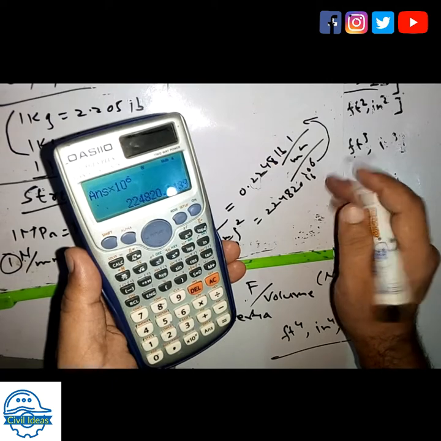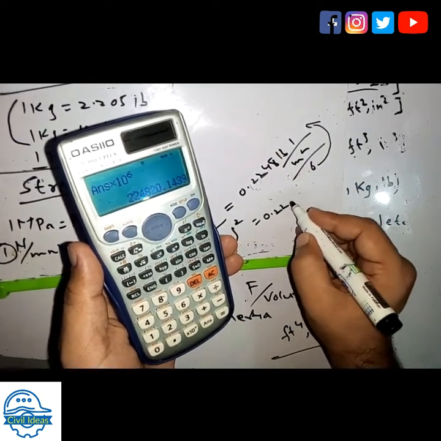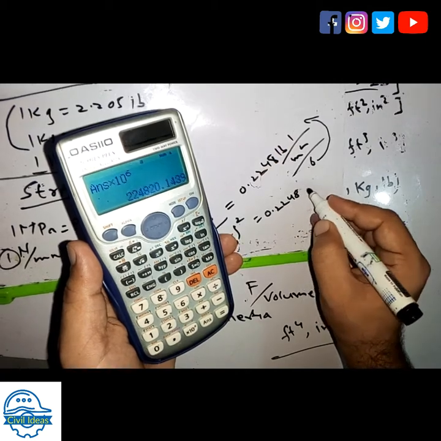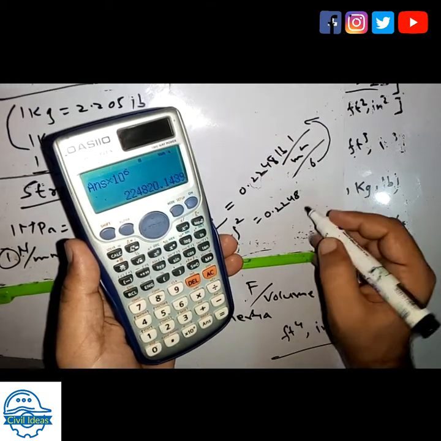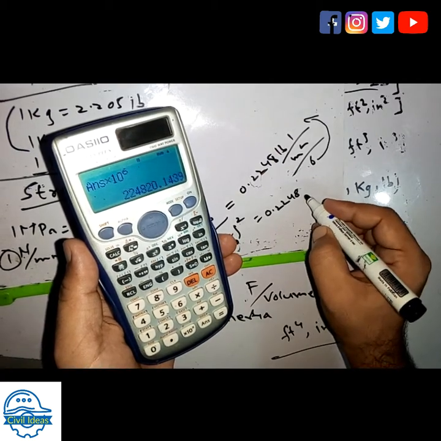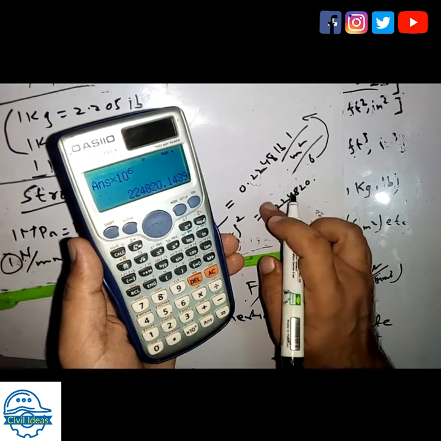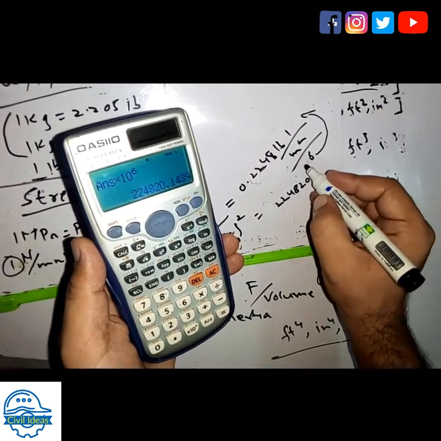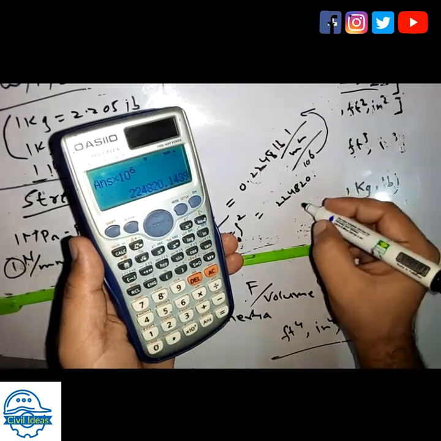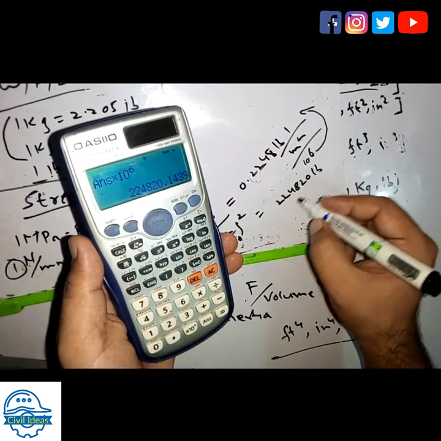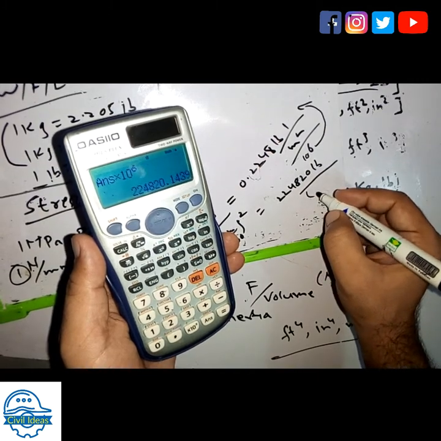And this is a pound. When you multiply this 10 to the power 6, then it will become like this. This is a pound, and now this meter into feet.